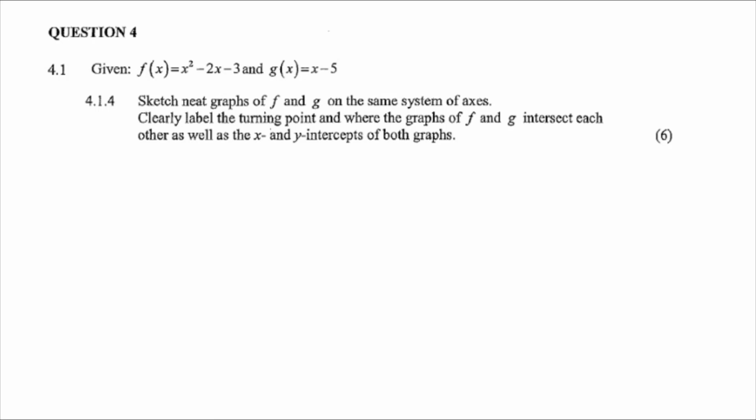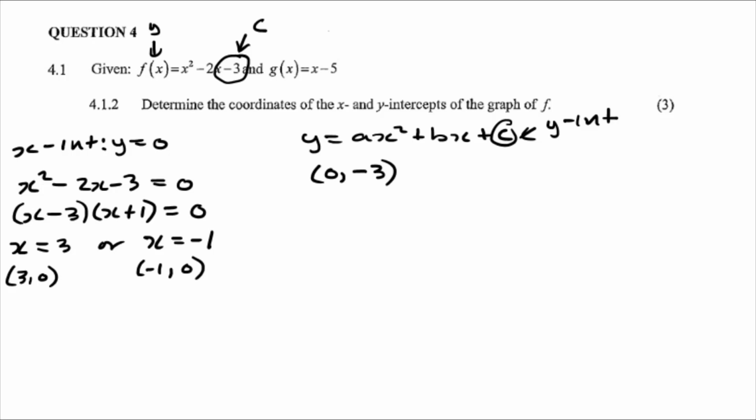So let's just say for intercepts here, our x-intercepts, we found out that if we refer to the previous questions, the x-intercepts are 3 and -1, and then your y-intercept is 0 and -3.